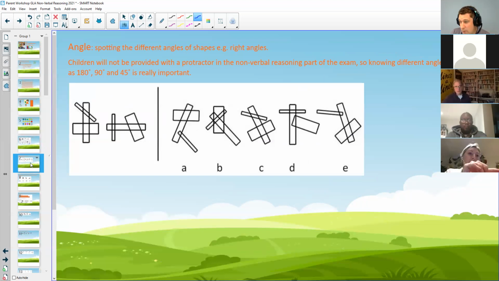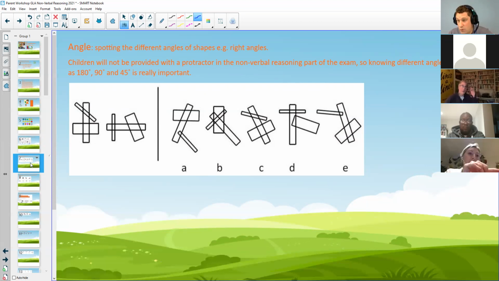Angle, as I said at the beginning, is less common because it's quite hard to relate it directly to angle. But one of the things that we do want children to be aware of is how shapes can rotate through different degrees. So do they know 180 degrees, 90 degrees, 45, 135 degrees, 270 degrees?